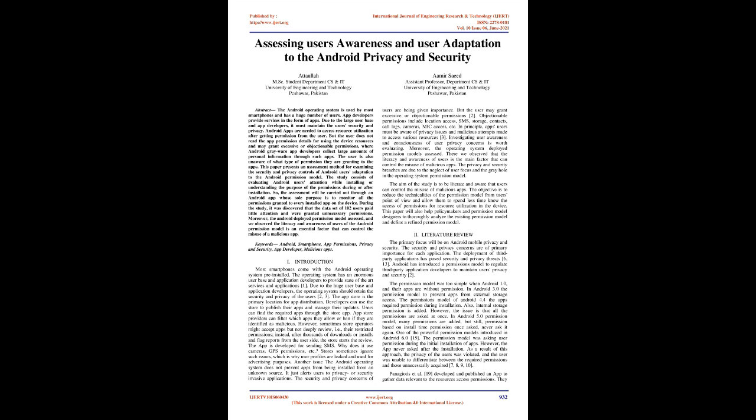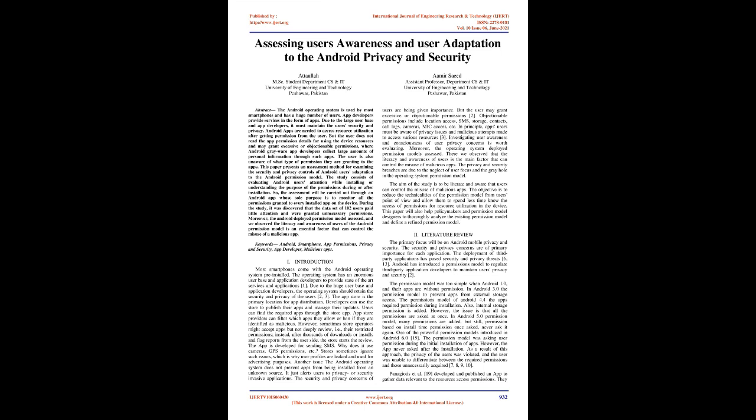This paper presents an assessment method for examining the security and privacy controls of Android users' adaptation to the Android permission model. The study consists of evaluating Android users' attention while installing or understanding the purpose of the permissions during or after installation. So, the assessment will be carried out through an Android app whose sole purpose is to monitor all the permissions granted to every installed app on the device.